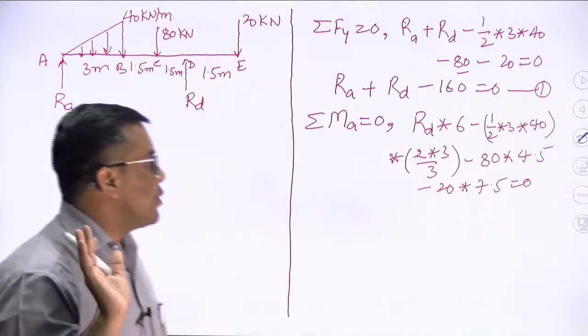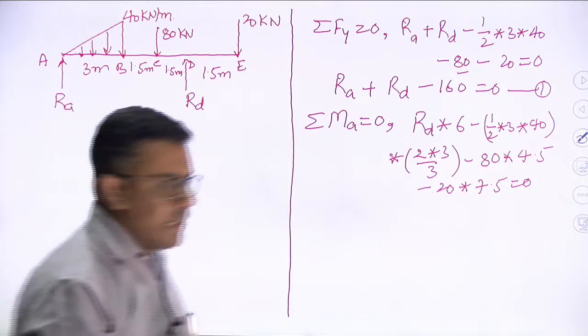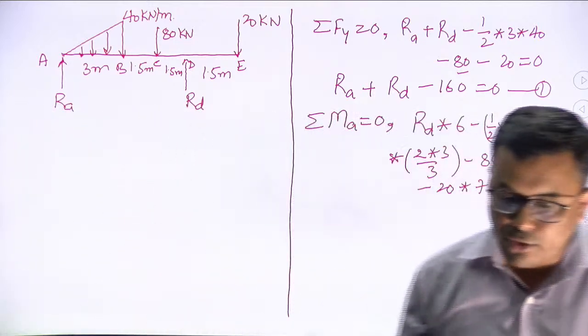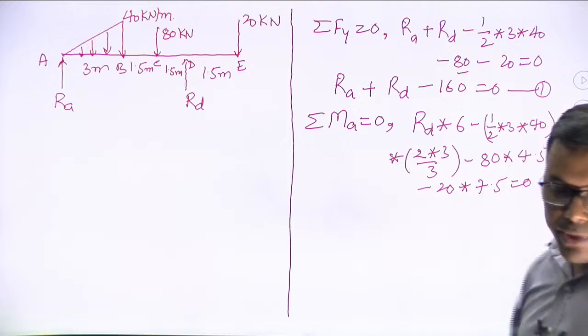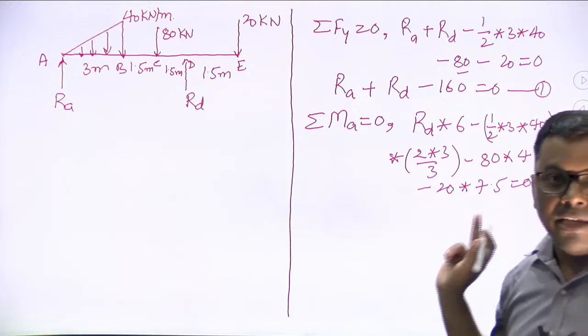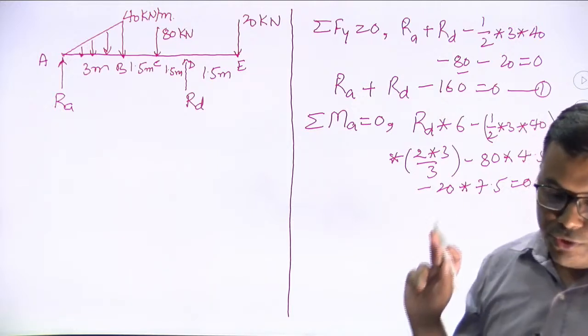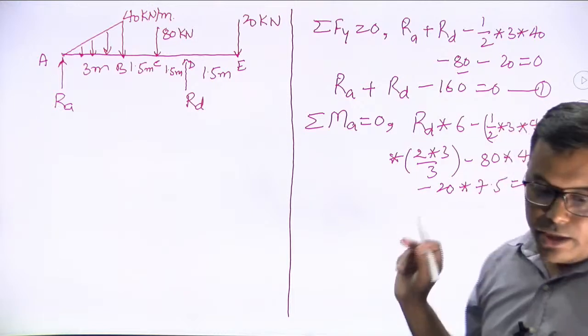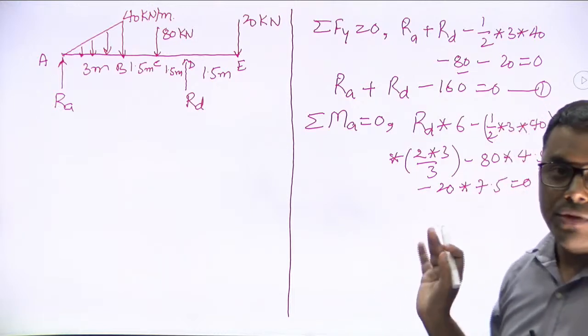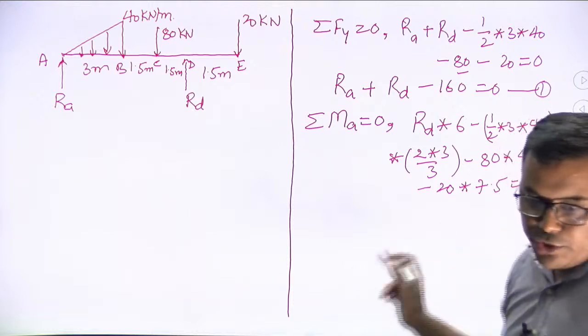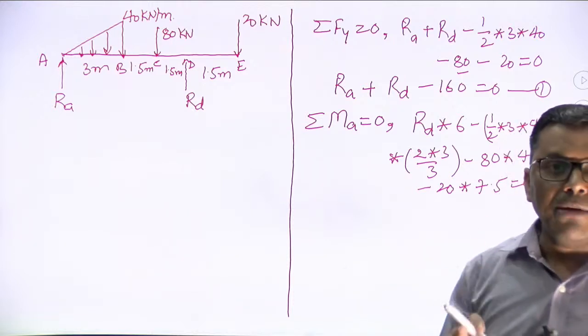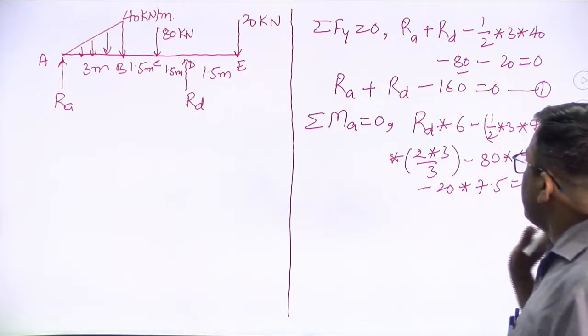So these are the two equations: RA plus RD minus 160 equals 0, this is equation number 1. And the second equation is RD into 6 minus half into 3 into 40 into 2 into 3 by 3, that is the distance, minus 80 into 4.5 and minus 20 into 7.5.